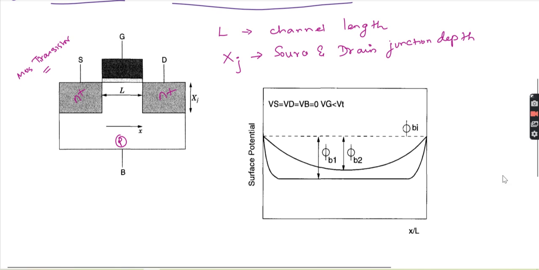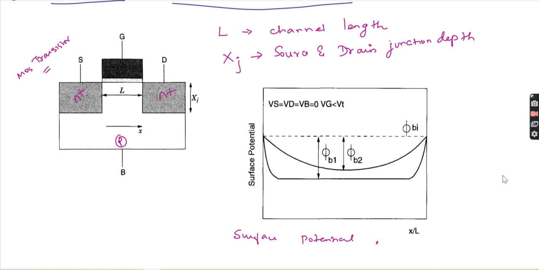This figure shows the surface potential of short channel and long channel when Vd is equal to 0 volt.